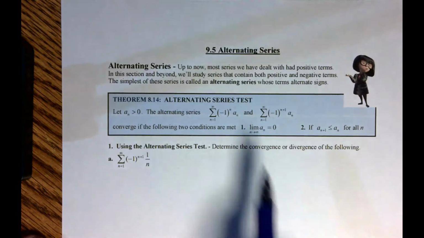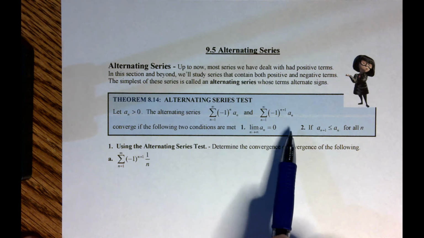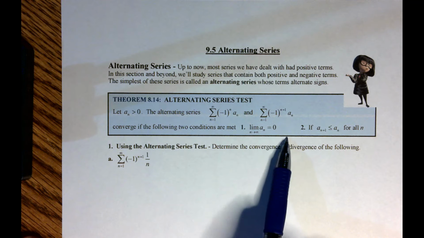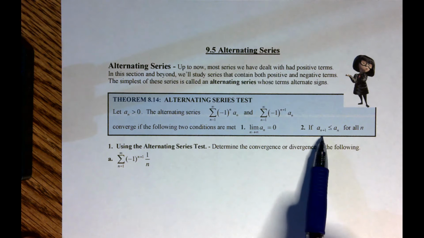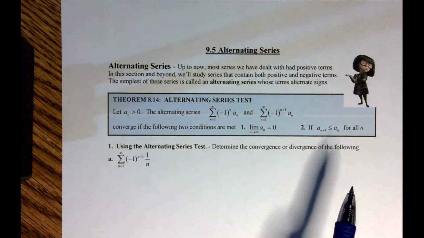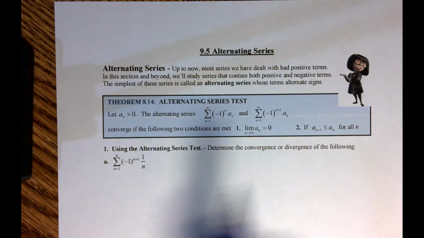As long as the terms are positive independently of the -1, and the terms are going to 0, and a sub n plus 1 is less than or equal to a sub n, that basically says that a sub n is decreasing without the -1.